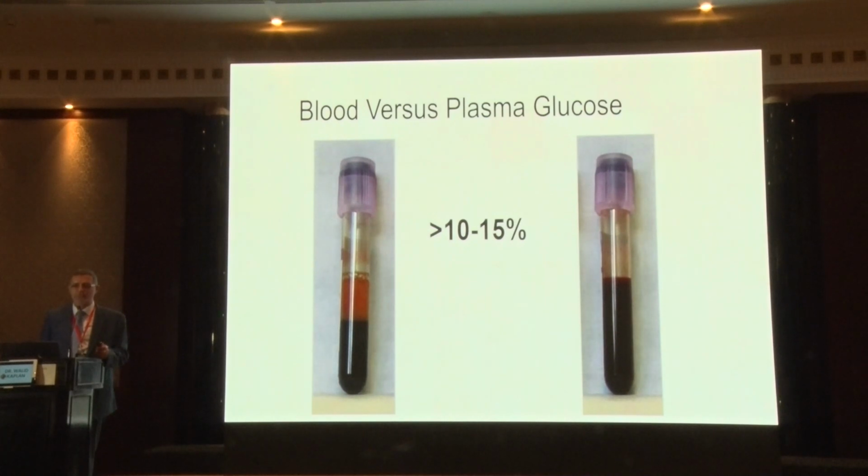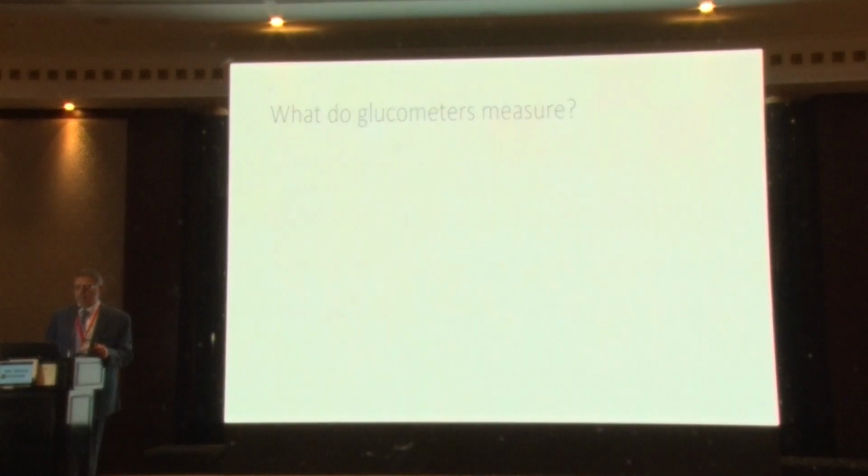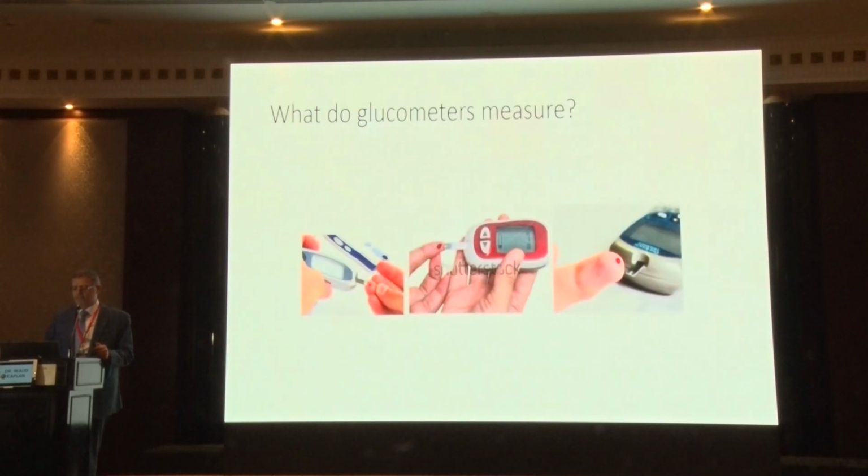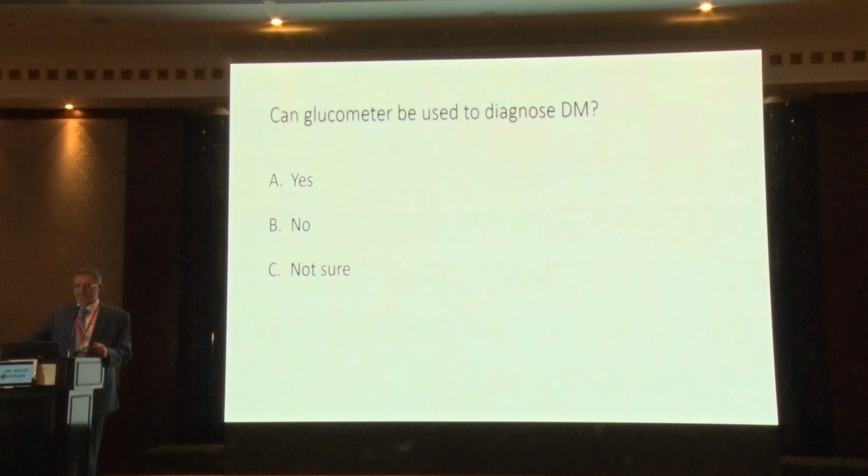So they're not equal, and the diagnostic criteria apply to plasma glucose. However, when patients prick their finger to use the glucometer, do they get plasma or whole blood? Whole blood, right? So glucometers do whole blood glucose. So the question here, can a glucometer be used to diagnose diabetes?